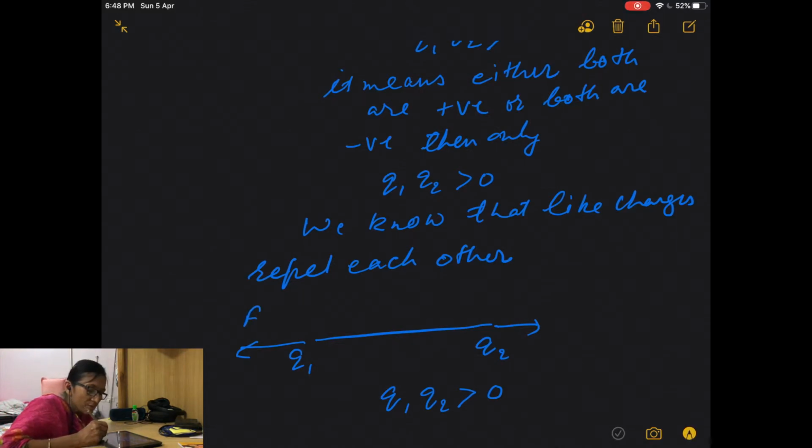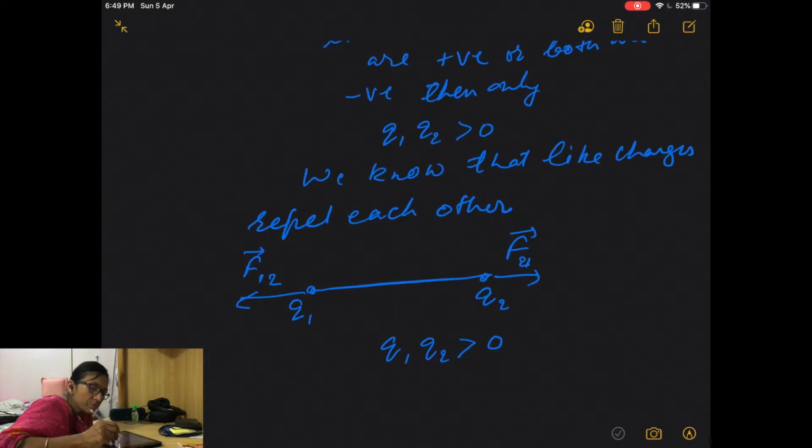Suppose the force on Q1 is called F12, that is, due to 2. And another force on Q2 is called F21, and this is due to 1. So there are two forces, and the two forces are in opposite directions.